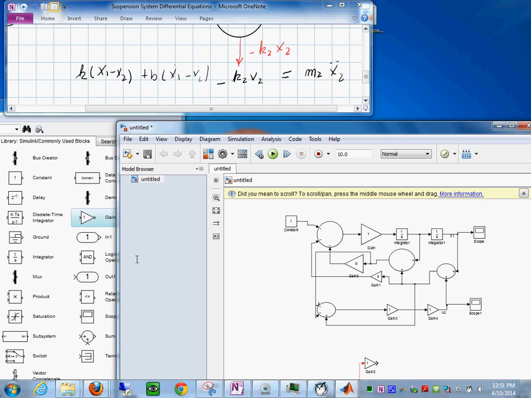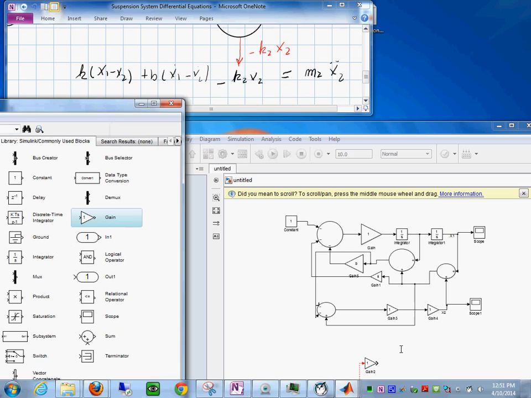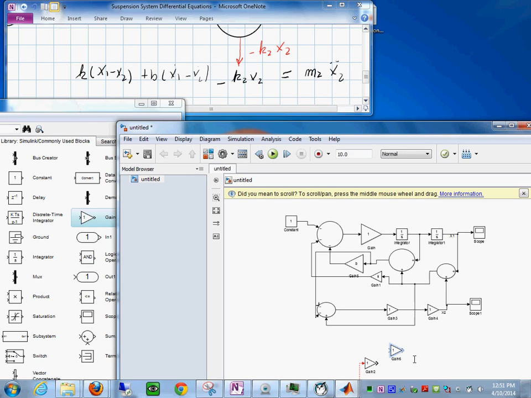This is going to be another gain, so this would be like this, and this one is going to go over to here, and this is going to be x2 from here.